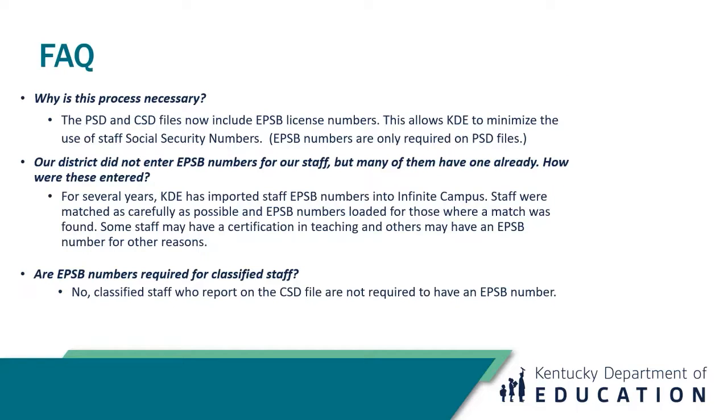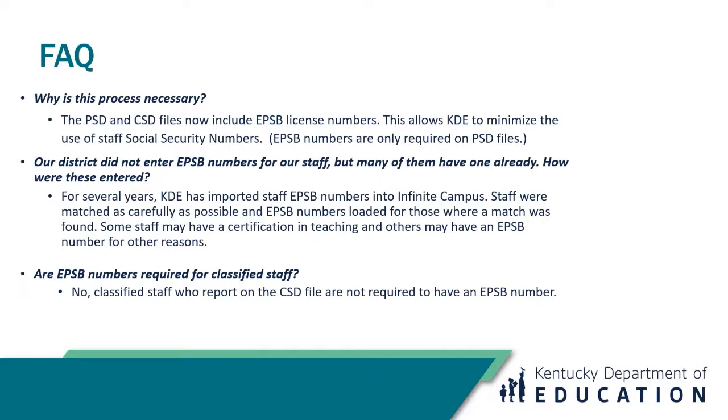So an FAQ here regarding EPSB ID. Why is this process necessary? The PSD and CSD files now include those EPSB license numbers. This allows KDE to minimize the use of staff social security numbers, and they are only required on PSD files. You may see them on CSD files, that's perfectly fine, but they're only required on the PSD files. And a question was, our district did not enter EPSB ID numbers for our staff, but many of them have one already.